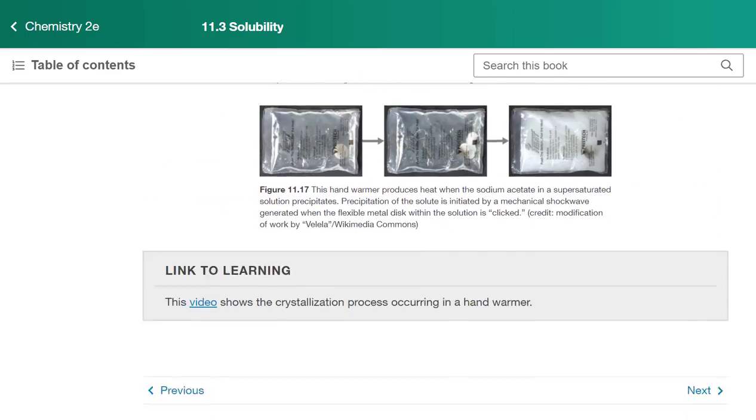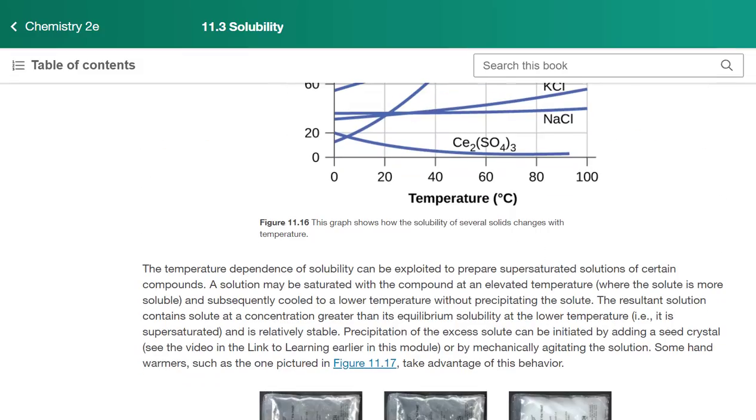But for this module, essentially what you'll want to know is the trends associated with solubility for different types of solutes dissolved in liquid-phase solutions, so gas, liquid, or solid.